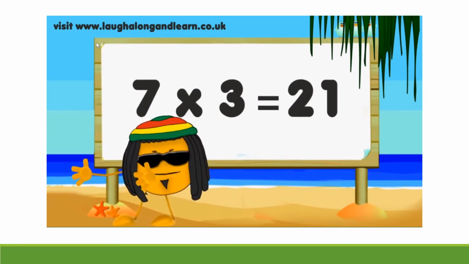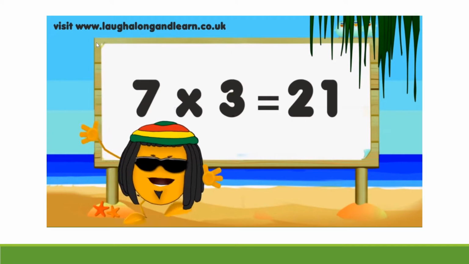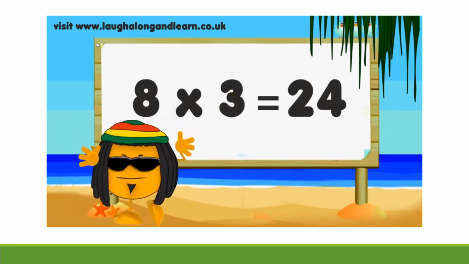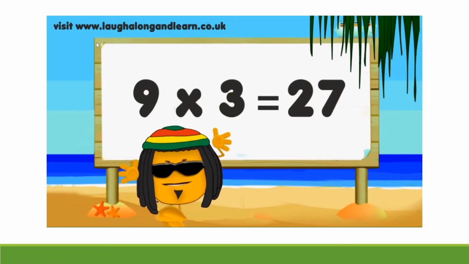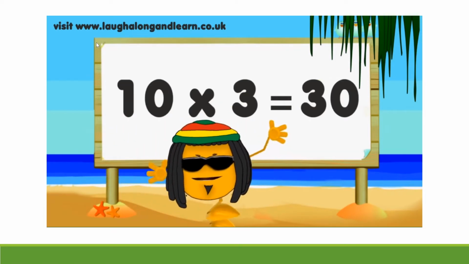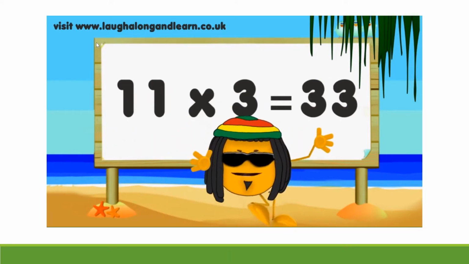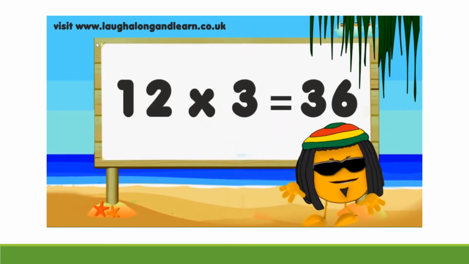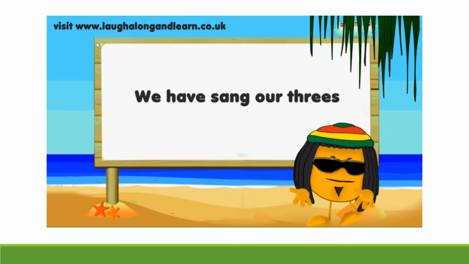7 3s are 21. 8 3s are 24. 9 3s are 27. 10 3s are 30. 11 3s are 33. 12 3s are 36. We have sang our 3s.